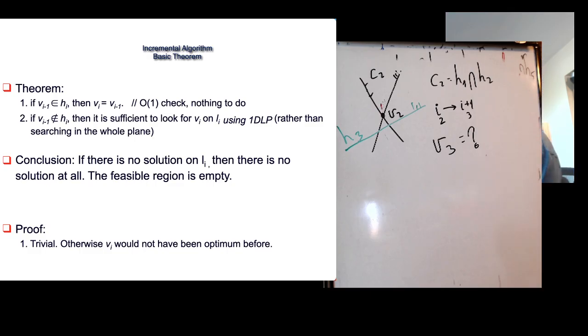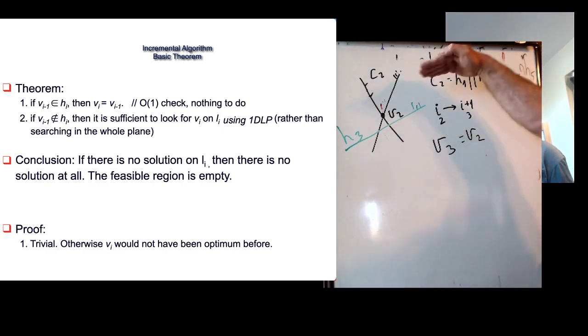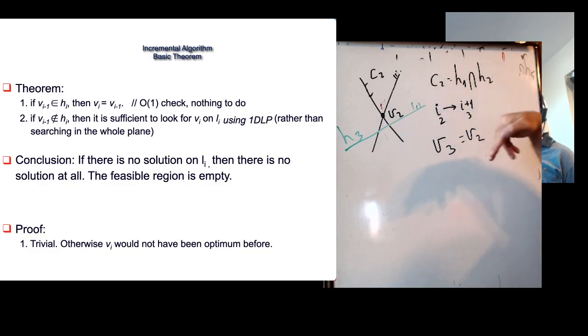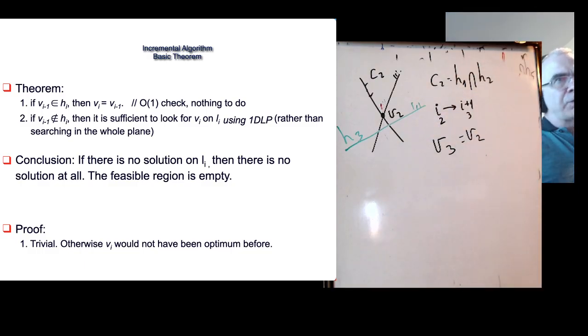I'm just going to say that v3 in this case is nothing but v2. The old optimum is the current optimum. I definitely cannot get any better optimum, and the new constraint doesn't force me to take anything worse. Worse here meaning higher. Our cost function is to go as low as possible, so worse would be to go higher than this solution. Okay, so the first part I think is quite obvious.